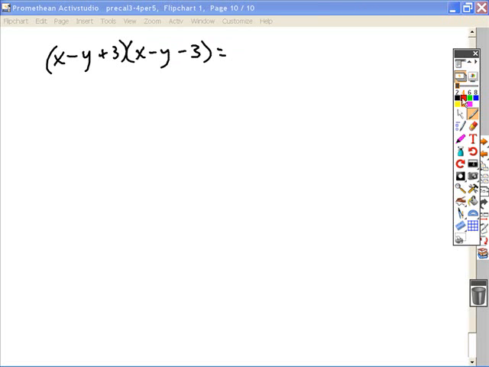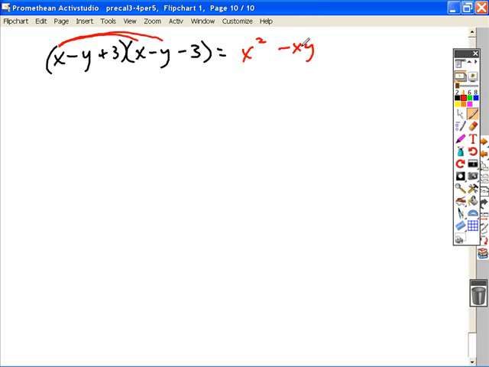All right, one way that you can approach this is to distribute. If you distribute, take your x times x, gives you x squared, minus xy, minus 3x. Move to your next term, minus y squared.